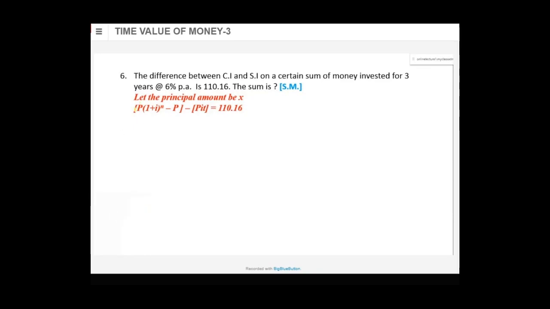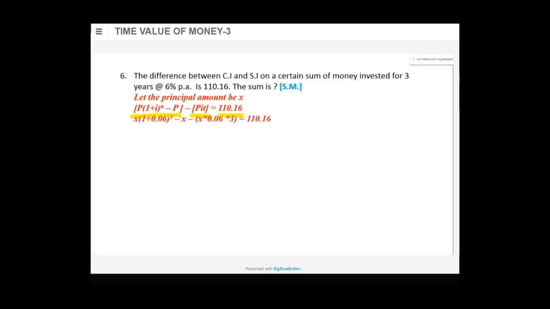This part is compound interest minus simple interest. This is equal to 110.16. Compound interest. Why minus P? Without minus P, it will give me A. A minus P. Now, substitute the values.